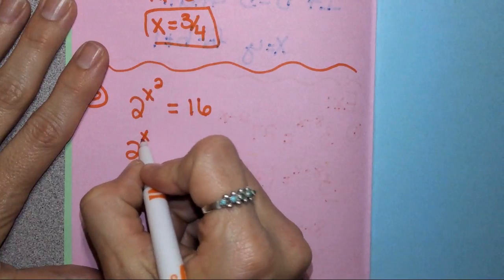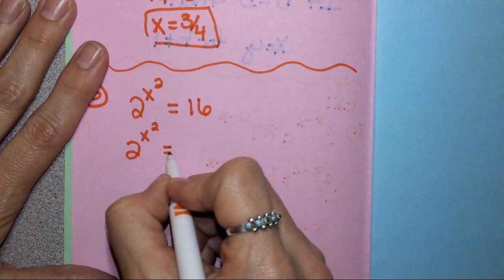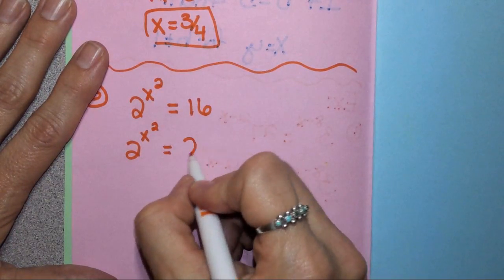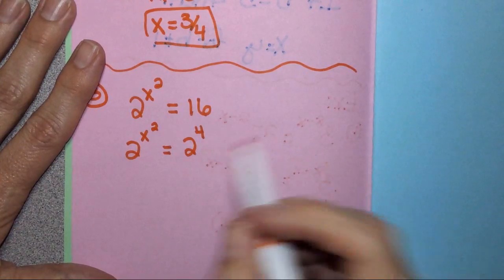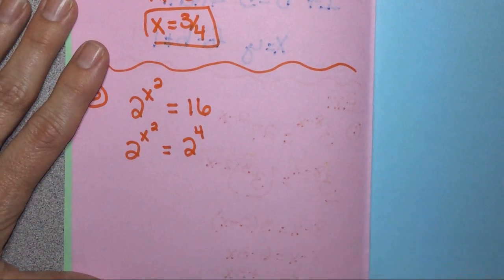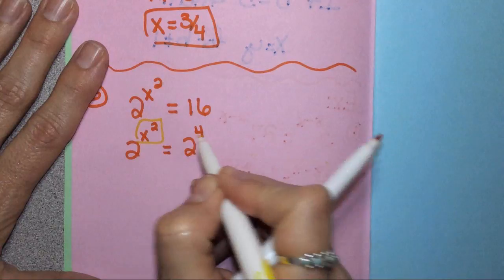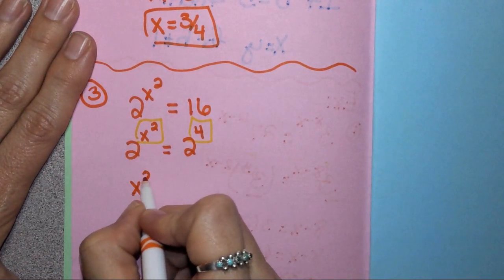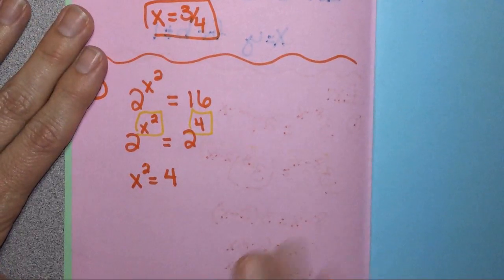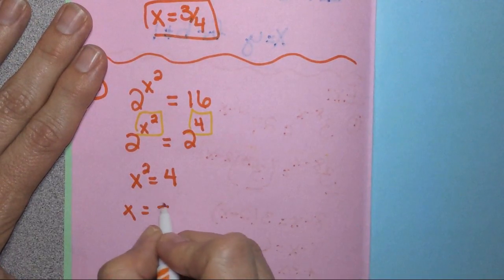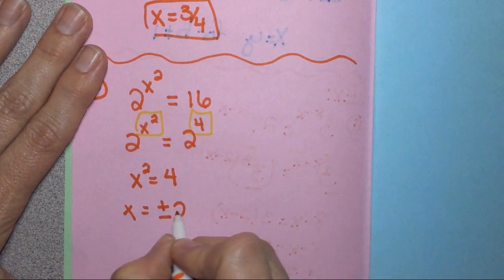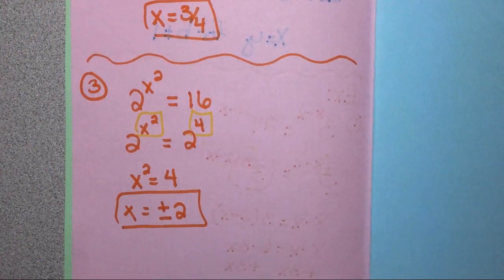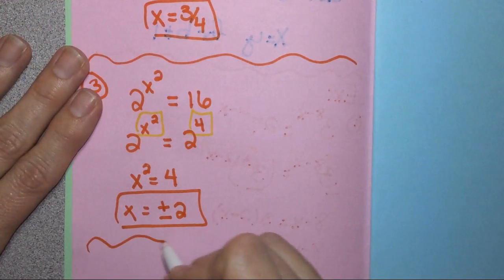So 2 to the x squared equals 2 to the 4th, because 2 to the 4th is 16. So now I can make these two equal, and I get x squared equals 4, x equals plus or minus 2. And we're done. See, this isn't too bad.